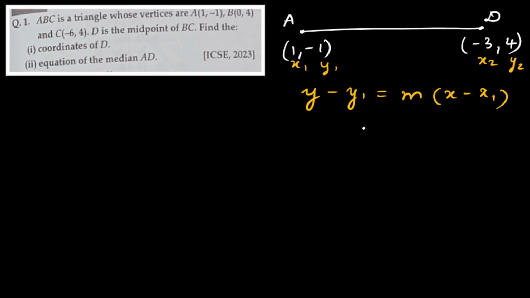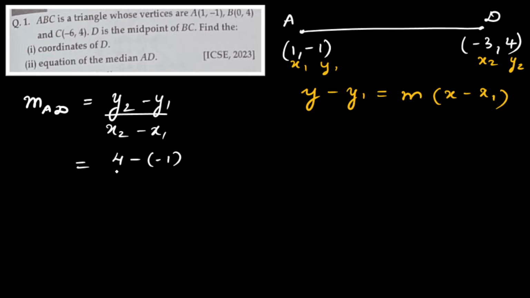First of all, we'll find m. The slope of AD we'll find by using the slope formula, because in point form we need the slope also. Small m is the slope. We'll use the slope formula, y2 minus y1 by x2 minus x1. So y2 is 4 minus of minus 1, y1 is minus 1, x2 is minus 3 and x1 is 1, so minus 3 minus 1.